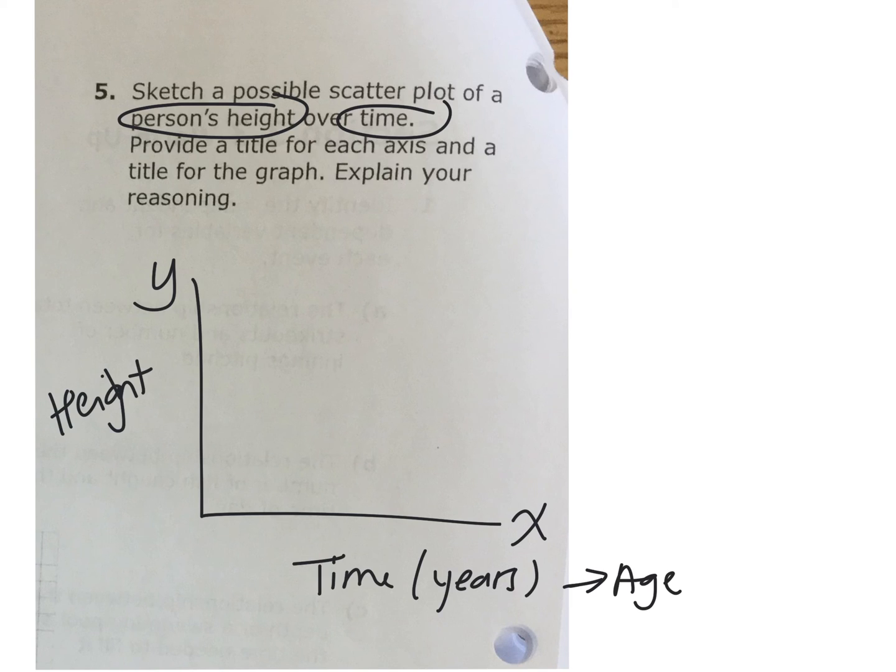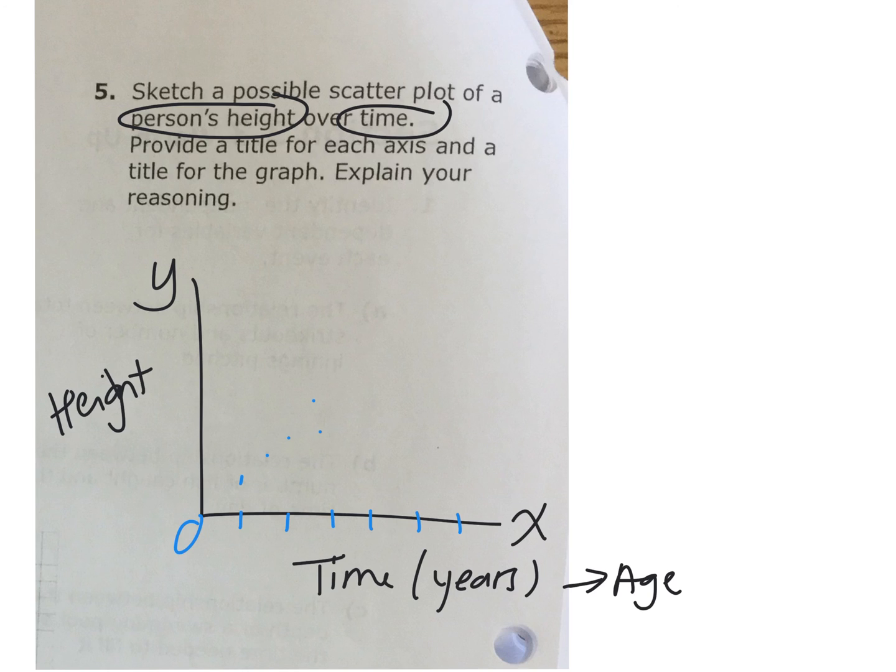So tell me what is happening. Lorraine, thank you. As time passes, as you get older, your height increases. So what would the points look like? When you're first born, you don't have to put numbers here, but think about it. When you're first born, you're short. Then you get a little taller, taller, taller. It's not going to be perfectly linear. You don't increase in height every single year by the exact same amount.